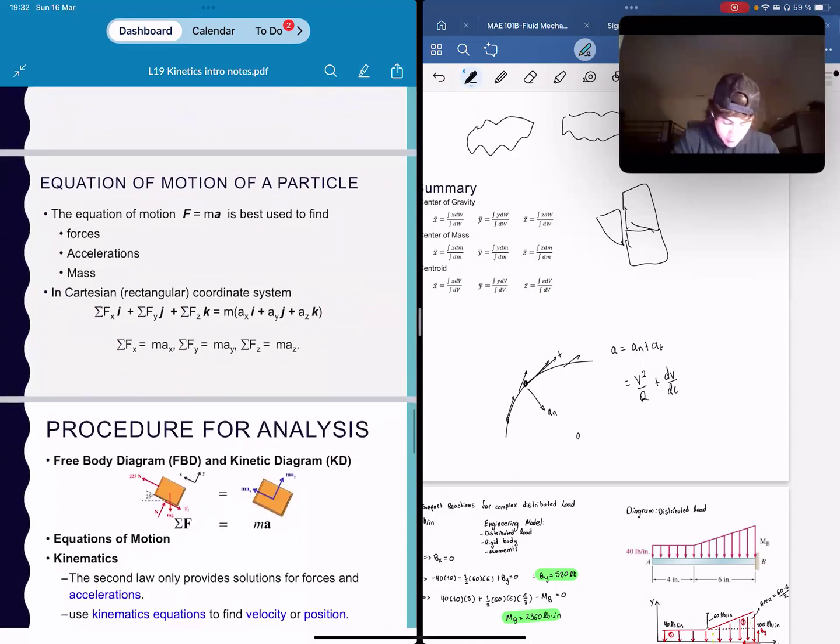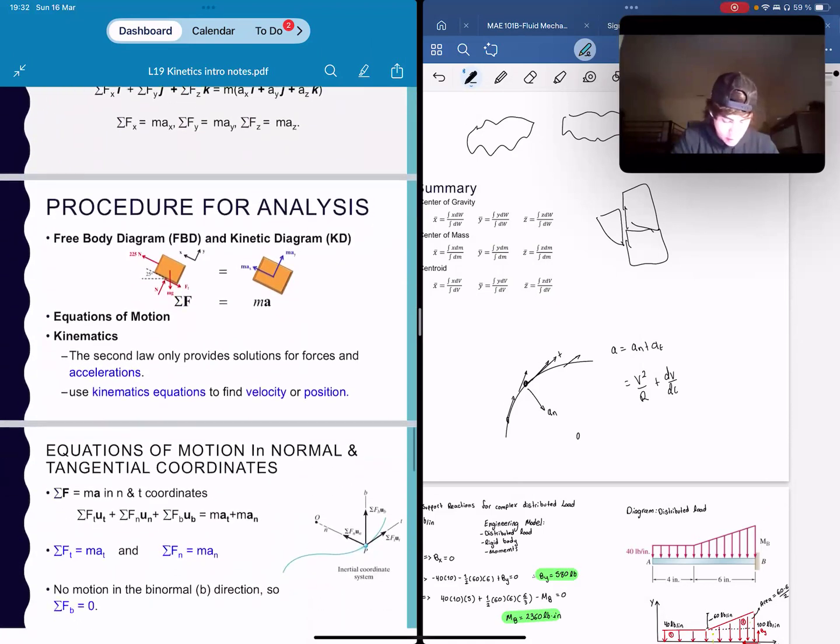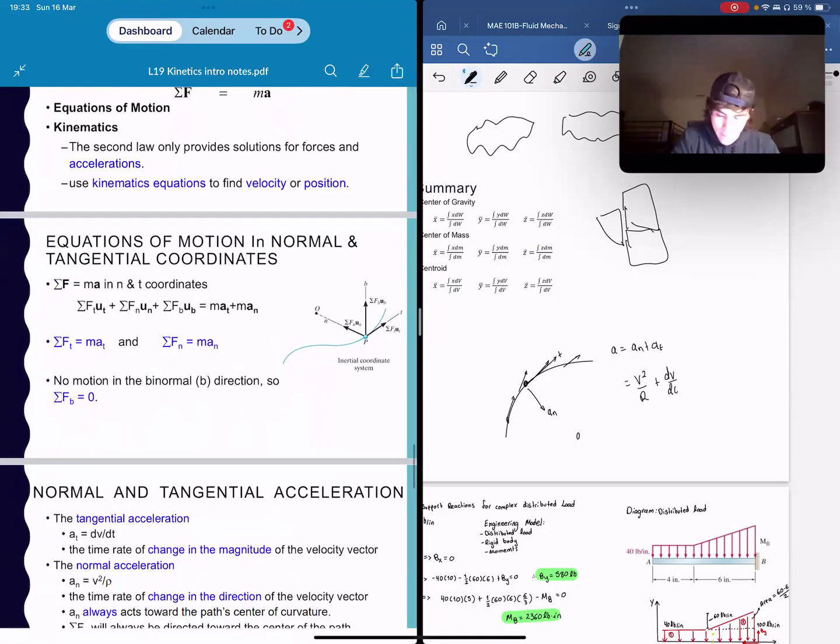As I explained before, the sum of the forces equals mass times acceleration. From kinetics, to solve problems, it's important to draw separately the free body diagram and the kinetic diagram. Why?